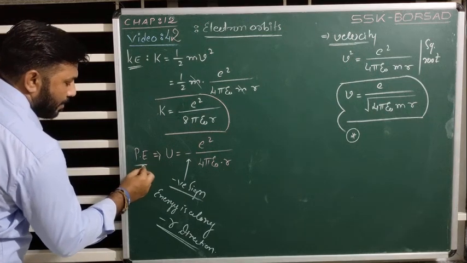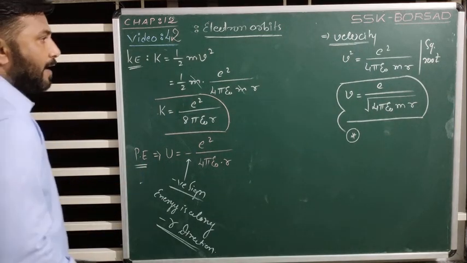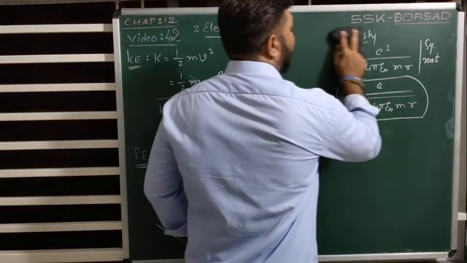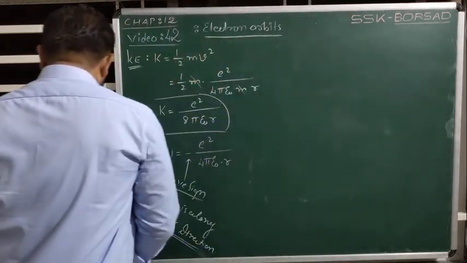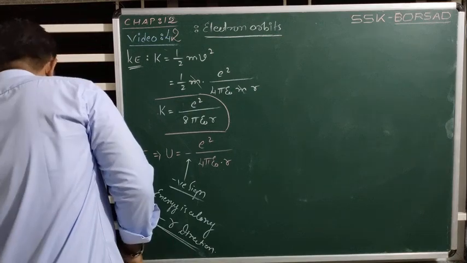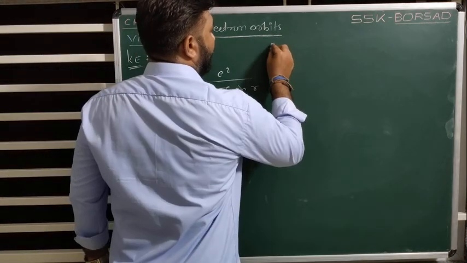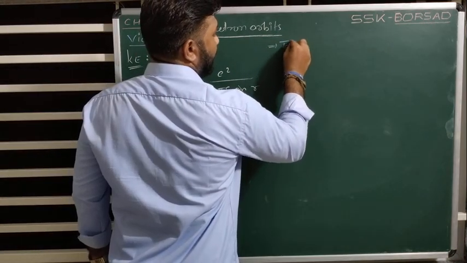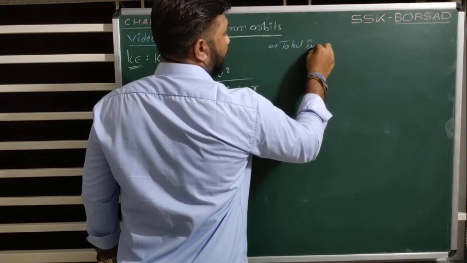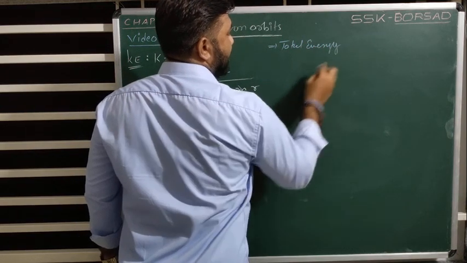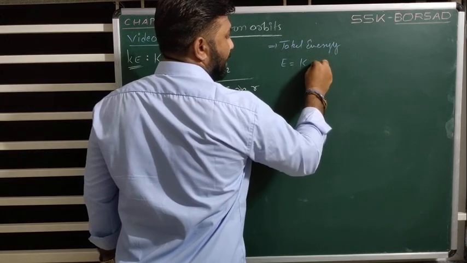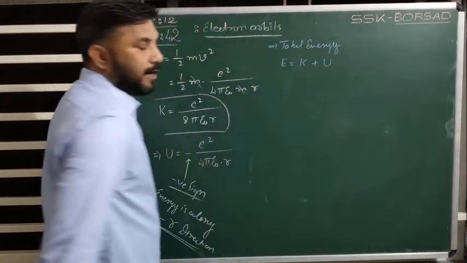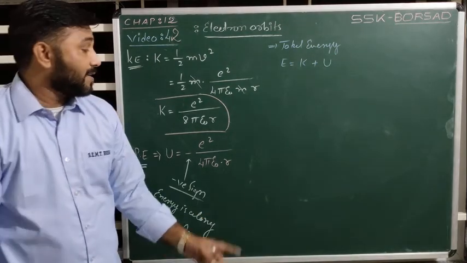Kinetic energy plus potential energy is nothing but the total energy of the electron. So let us see the total energy, and total energy is nothing but E is equal to the sum of kinetic energy plus potential energy. Both equations are here.